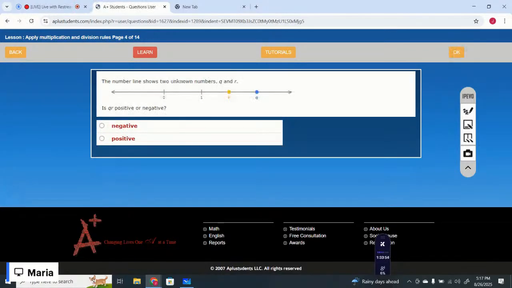The number line shows two numbers q and r. Is qr positive or negative? So look at the number line. Both q and r are on the right hand side of the zero. That means they both are positive numbers. So the product of positive numbers is always positive.